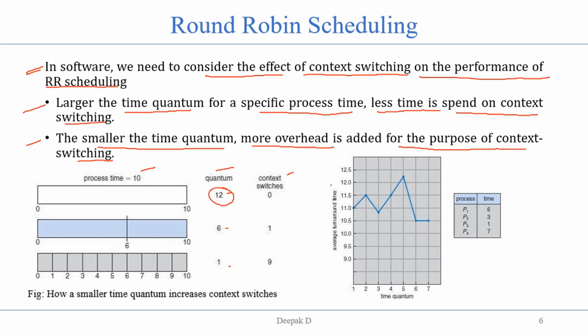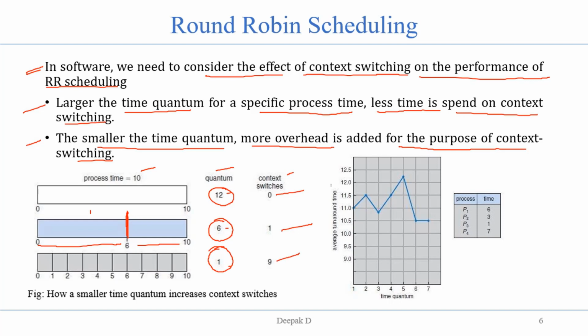Without doing any context switching, it is executed, so the context switching is 0 here. Assume that if the time quantum is 6, 1 context switching is required. And if the time quantum is 1, we need 9 context switching.